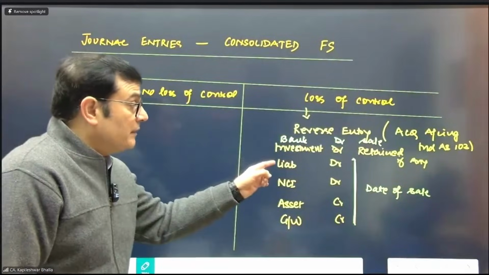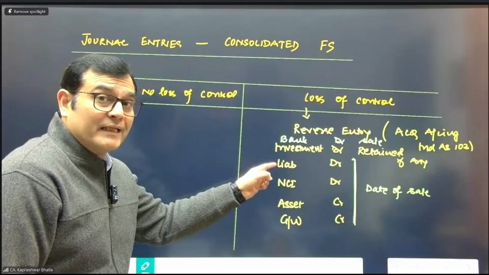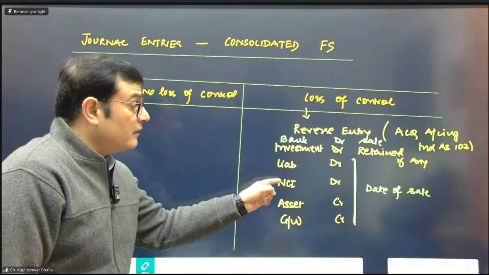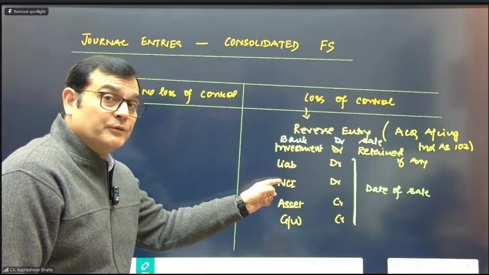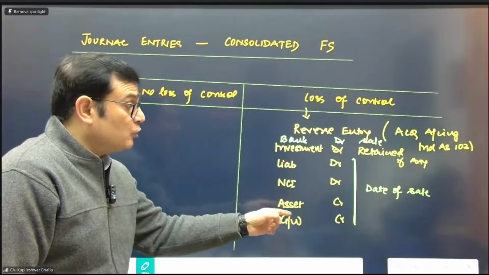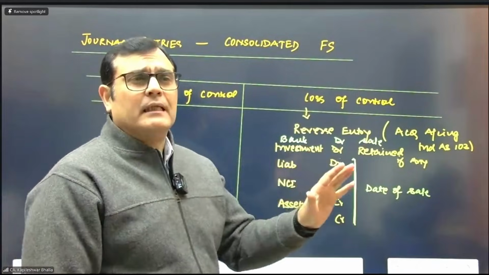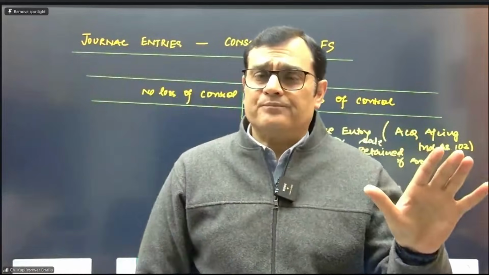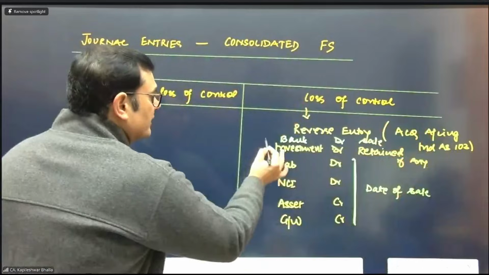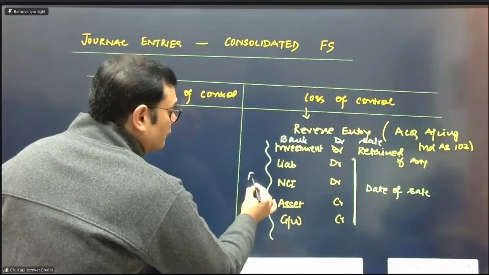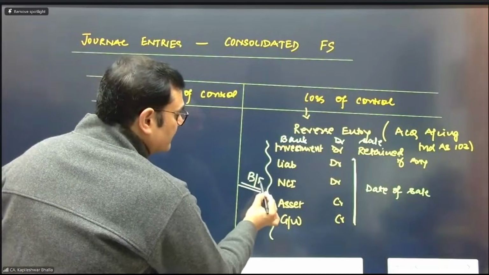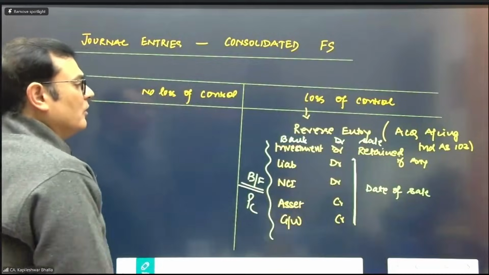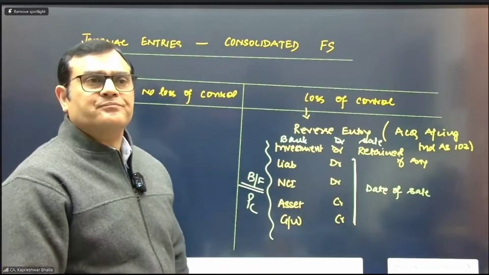The liabilities will be de-recognized based on the value on the date of sale. NCI will be de-recognized based on the value on the date of sale. Assets, goodwill, everything will be taken as on the date of sale. And then the balancing figure in this entry is a gain or loss which will be taken in the P&L.